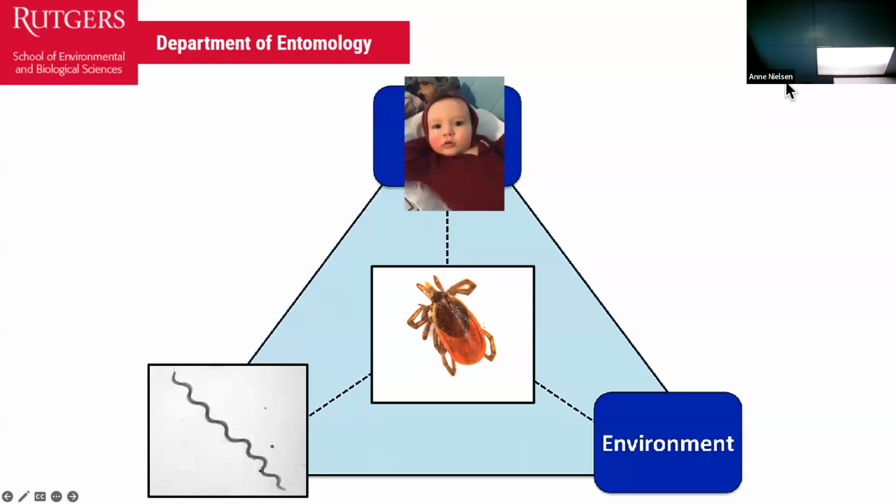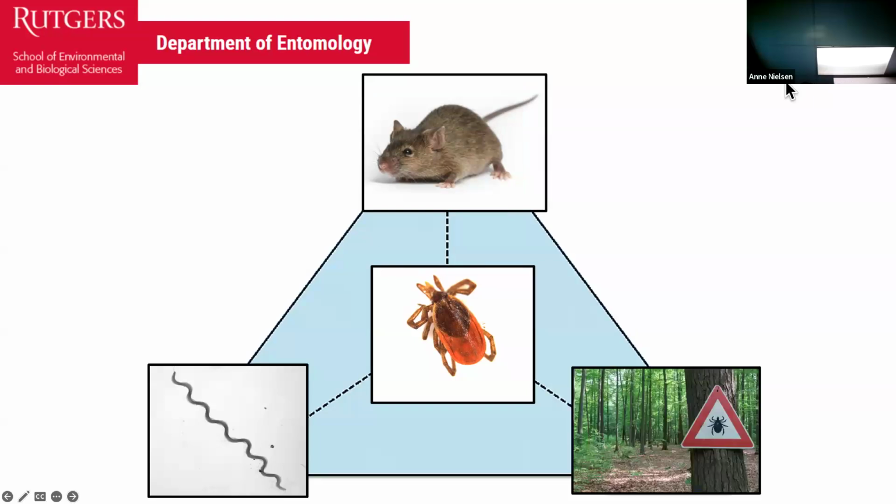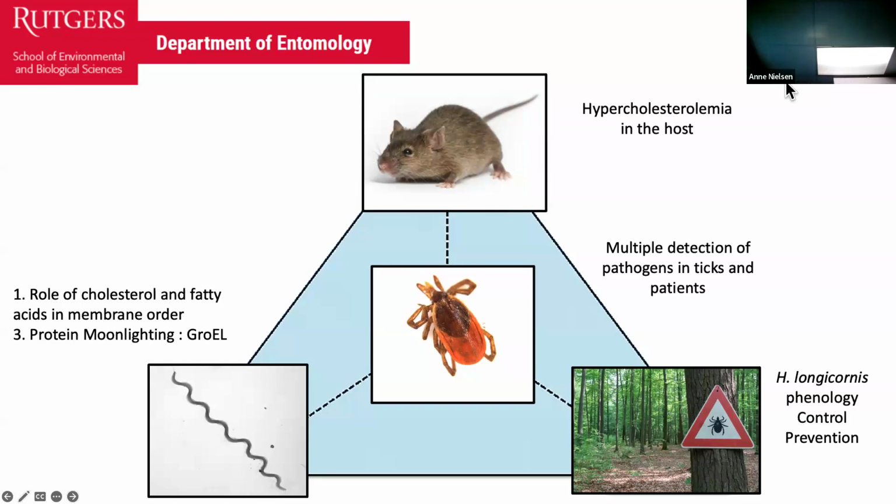And it sometimes bites humans, producing Lyme disease, although their typical hosts are rodents and other wild animals. Now, the environment is critical for these interactions because it modulates the habitat of the tick, but also the density of these rodent populations. So in my lab, we are studying different aspects of this triad.